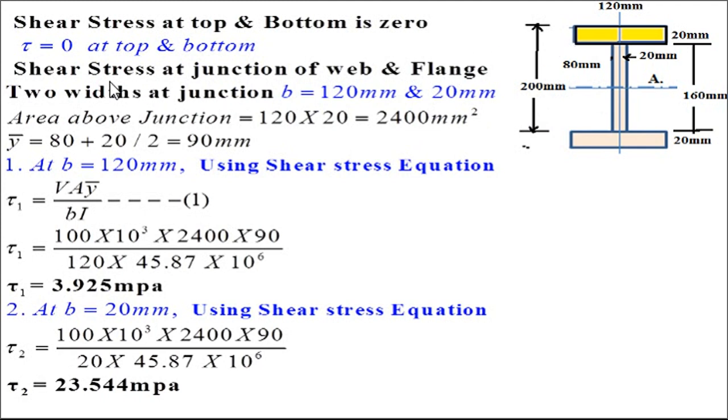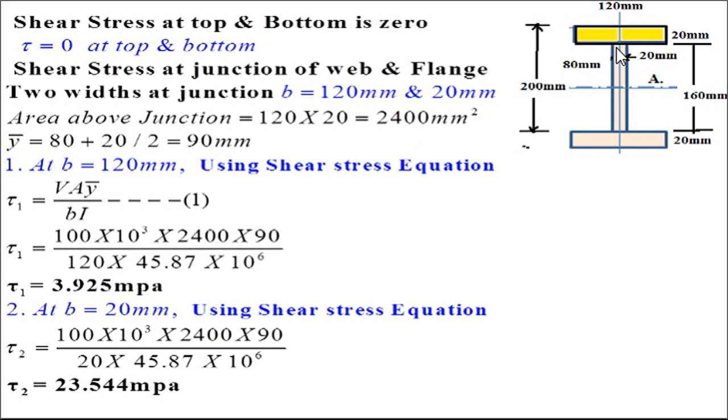locations. First of all, as you know, at top and bottom the shear stress is 0. So tau is 0 at top and bottom because the shear stress diagram starts with 0 ordinates from the bottom and top. Now the shear stress at the junction of web and flange. Junction means where the web and flange meet. Why is this junction important?